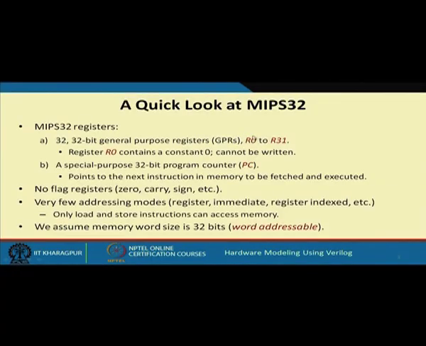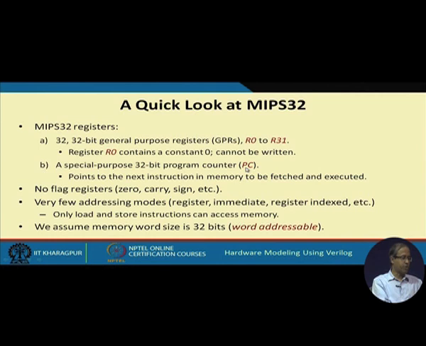Because there is a large number of registers, 32, there is a lot of flexibility available to the programmer. And this register R0 is a special register which is assumed to always contain the constant 0, meaning you cannot write any other value into R0, because in many applications you need the number 0. So, you can use R0 for the purpose.